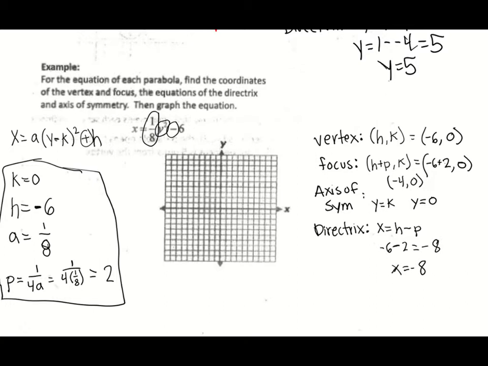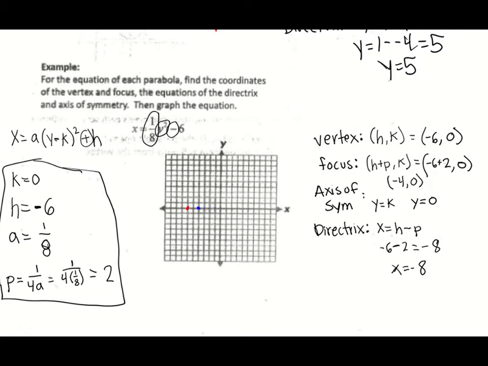Okay, now we are ready to graph. So our vertex is at point negative 6, 0. We're going to go left 1, 2, 3, 4, 5, 6. And our y is 0, so we're not going up or down. Then our focus is negative 4, 0. 1, 2, 3, 4. 0 again, not going up or down.